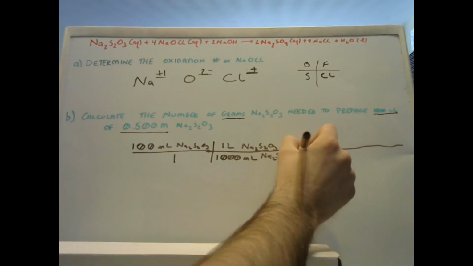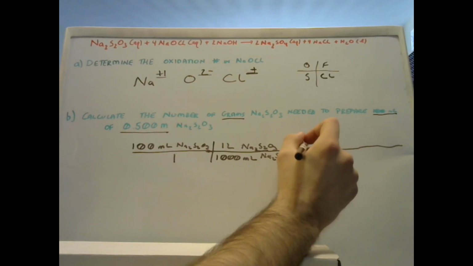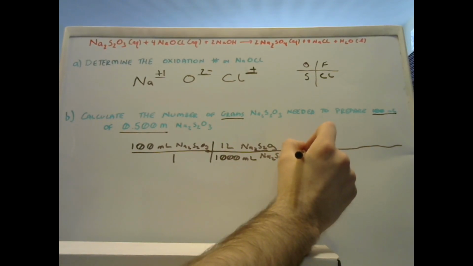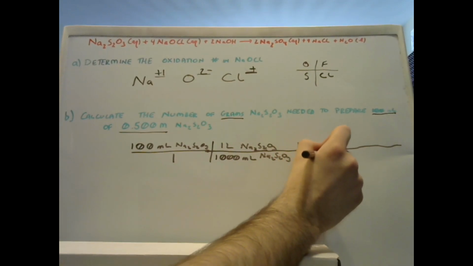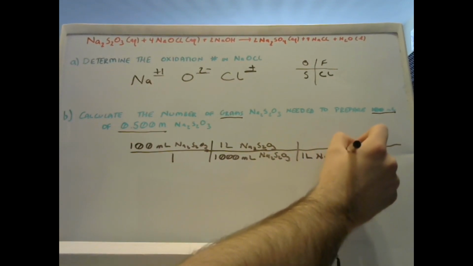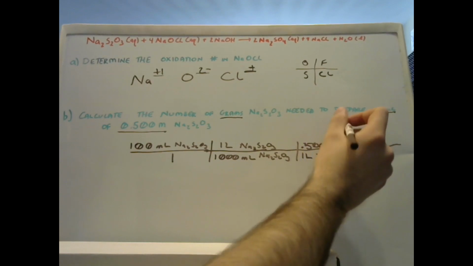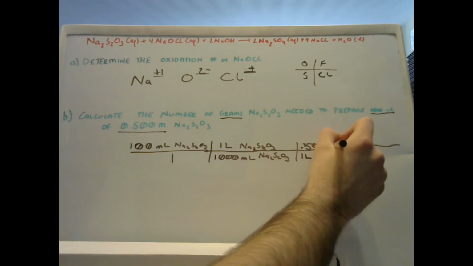Once I have that, I can go to the next step, which is 1 liter Na2S2O3 is 0.500 moles.